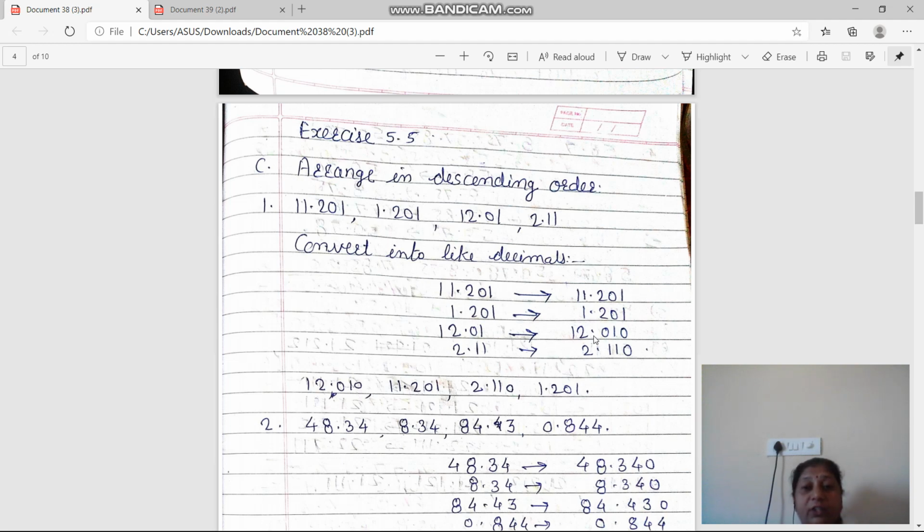Which is the largest number? 12.010. Then next 11.201. Next 2.110 and last 1.201. Get it?